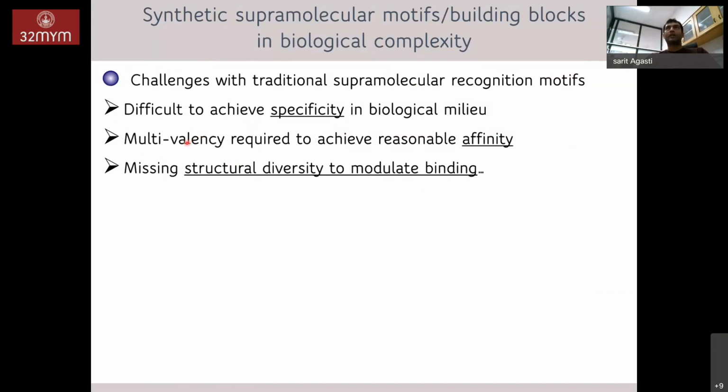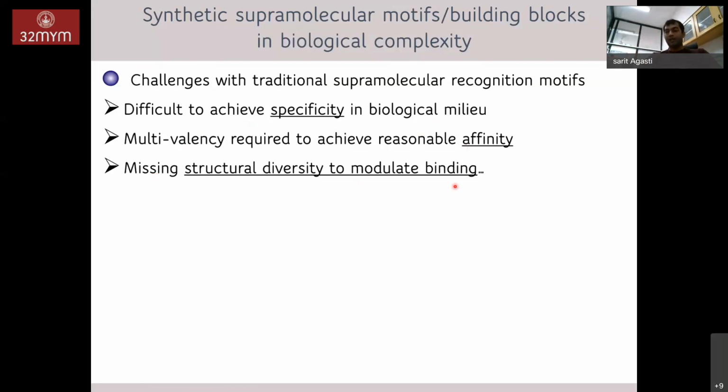And most of the time, the affinity of these standard synthetic systems is very low, and multivalency is often required to achieve high affinity. In addition, they also lack structural diversity to modulate binding. For example, many molecules will have different binding affinities depending upon their function, and that is often missing in synthetic systems.